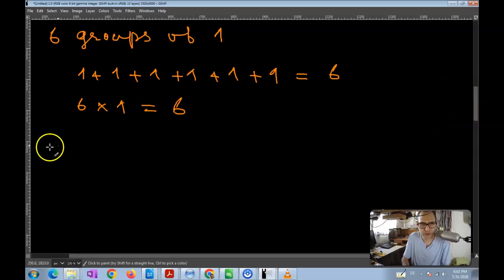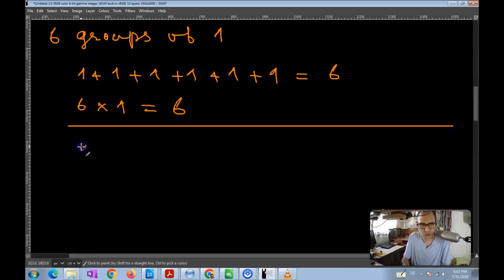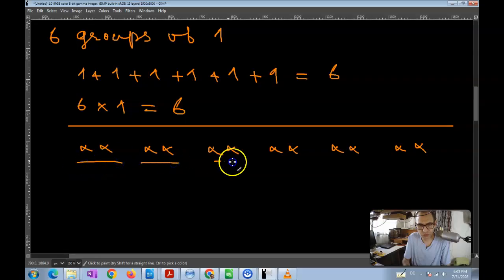If you had 6 groups of 2, so that's 1, 2, 3, 4, 5, and 6 groups of 2.